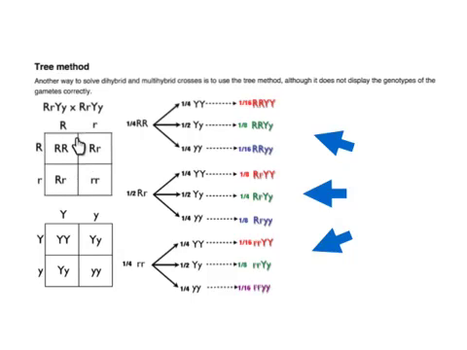So you do the same thing, except this time you're just testing for one particular trait. You're not going to have 4 letters in here. You will only have 2, like the first example I showed you. So each parent is heterozygous for both traits in this example. So you'll have capital R, lowercase r, capital R, lowercase r, and then the same down here with Y's.